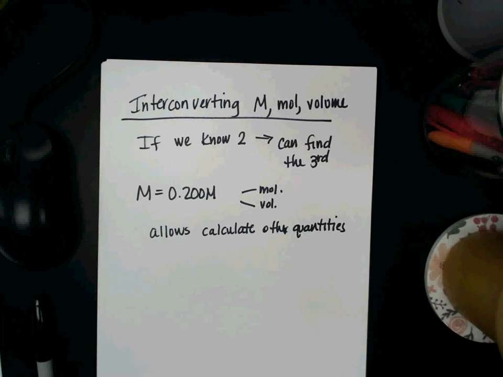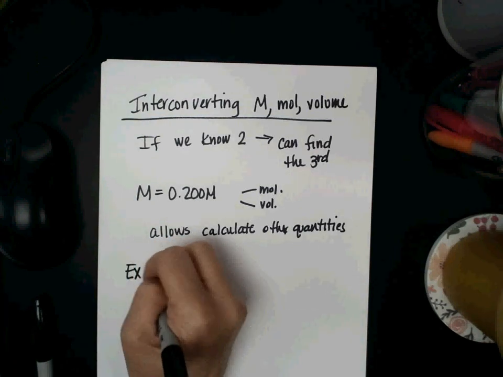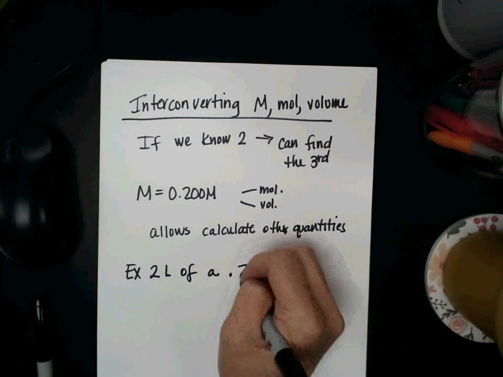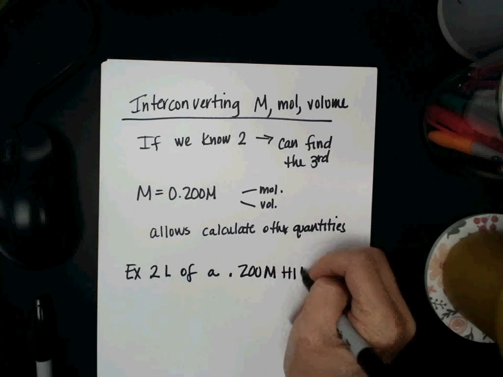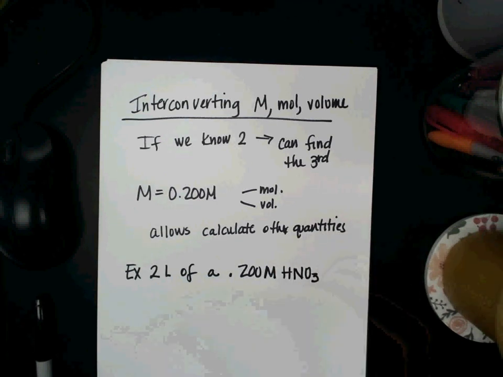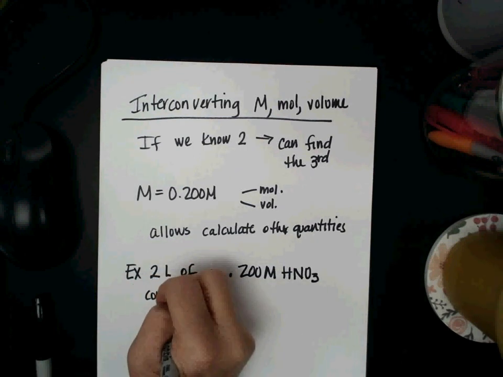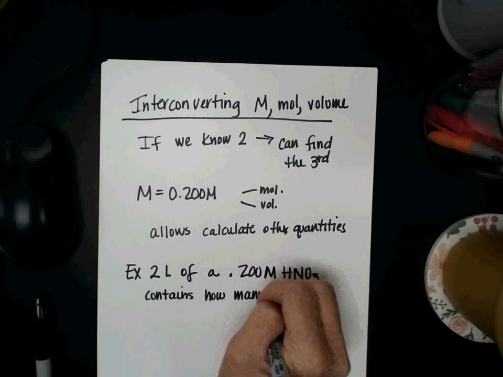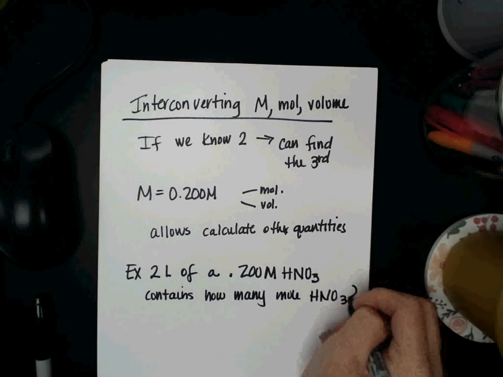There are lots of things that I can use here to figure stuff out. Let's say I have 2 liters of a 0.200 molar nitric acid solution, and I say to you, contains how many moles HNO3.